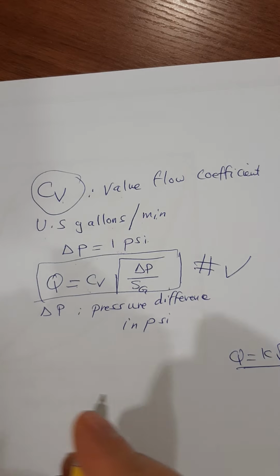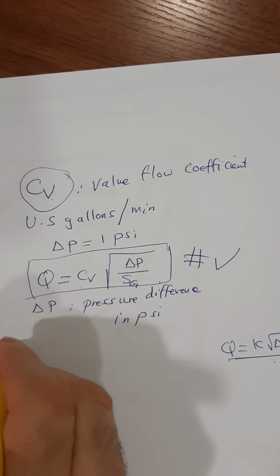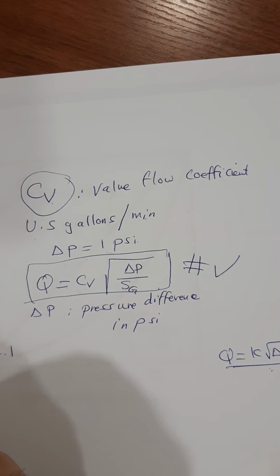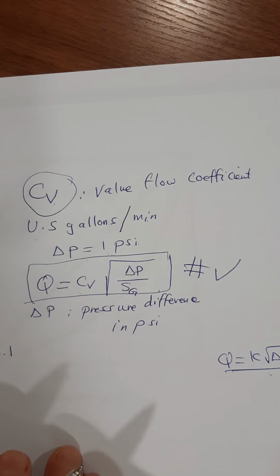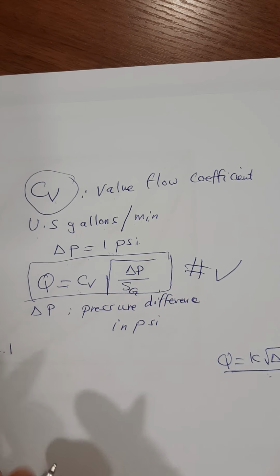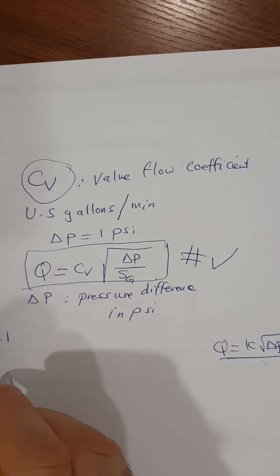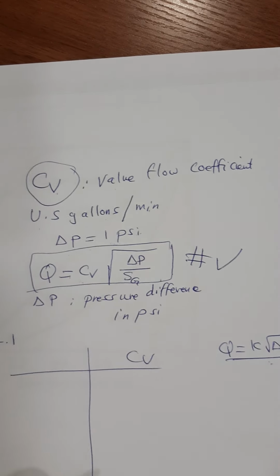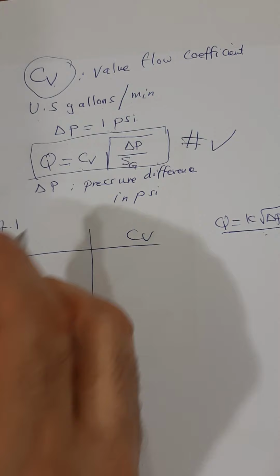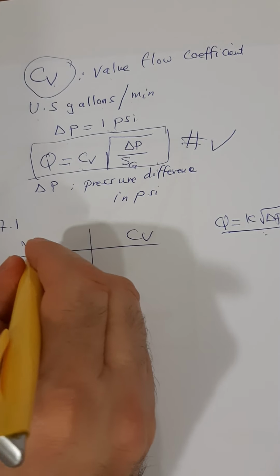And we have table 7.1 in the textbook that relates the CV values for different valve sizes in inches. So we have the CV value and the valve size.